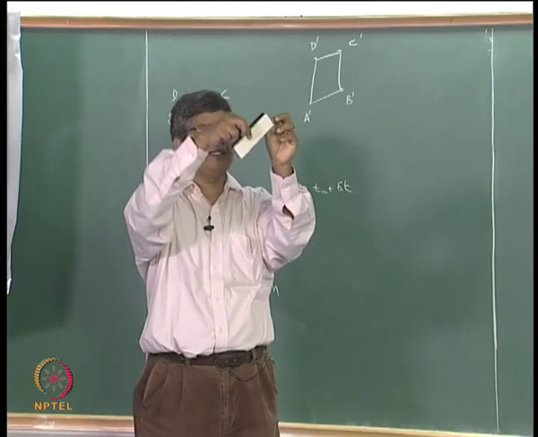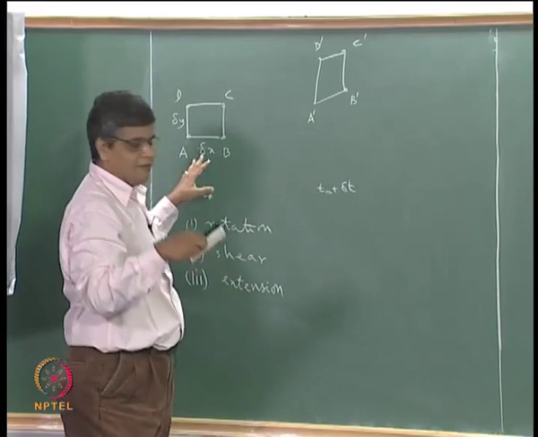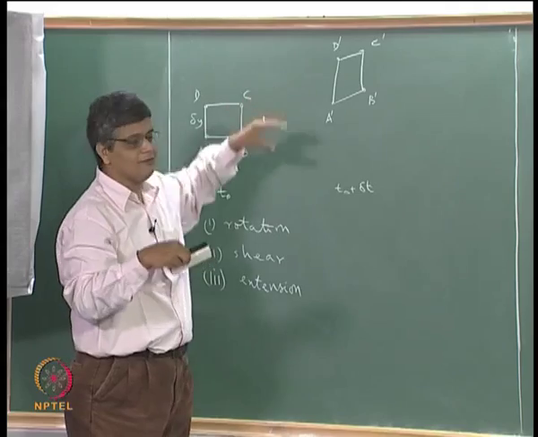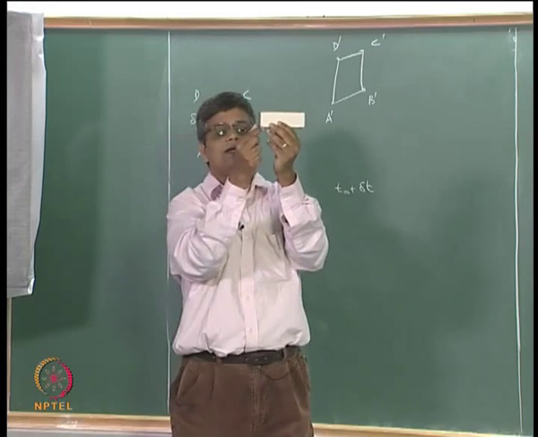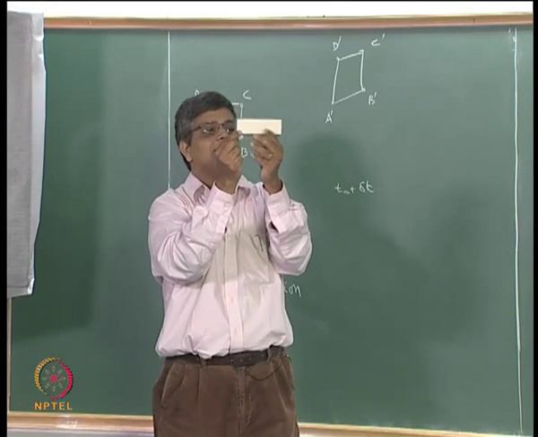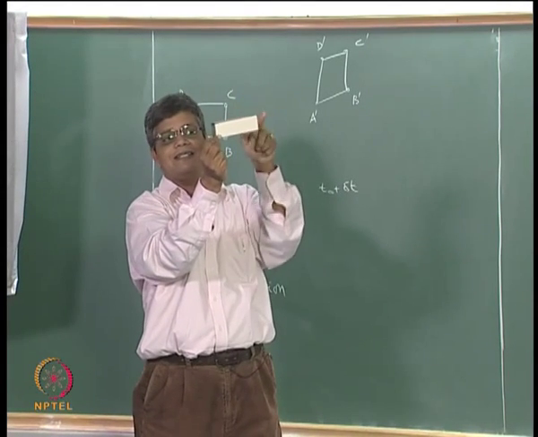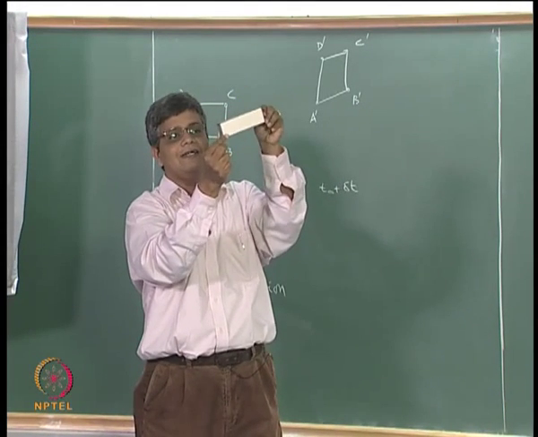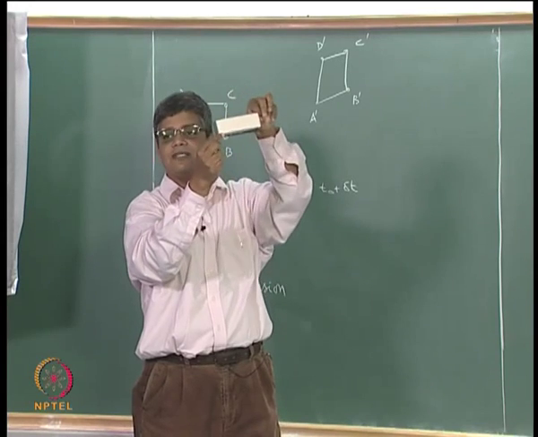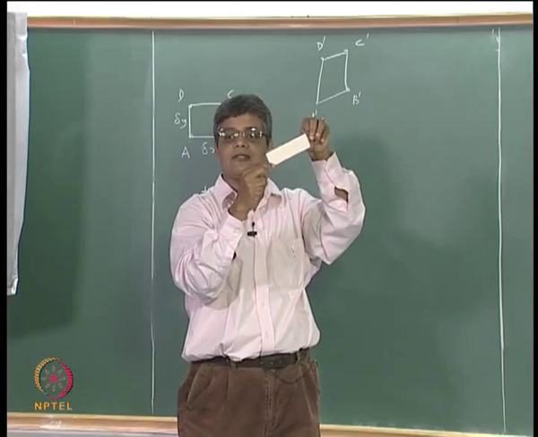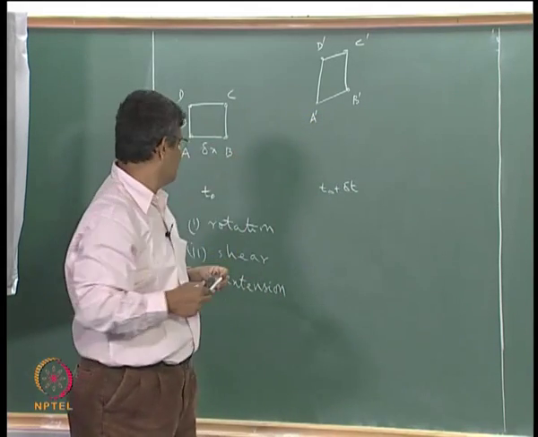So one can see that if there are different velocities of these particles, you can have something like a rotational motion. If this velocity is 0 and if this has a velocity aligned in this tangential direction, one can imagine that this particle is moving like this. So if there is a coordinated motion of all these 4 particles, you can have pure rotation.